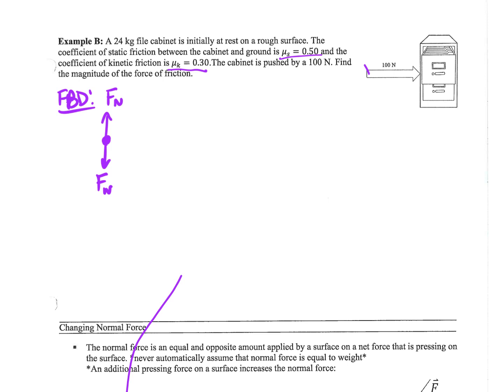Okay, which way is friction, to the right or to the left? To the left. And what else? Force applied, so F sub A. Okay. So now, sum of forces in the x direction.